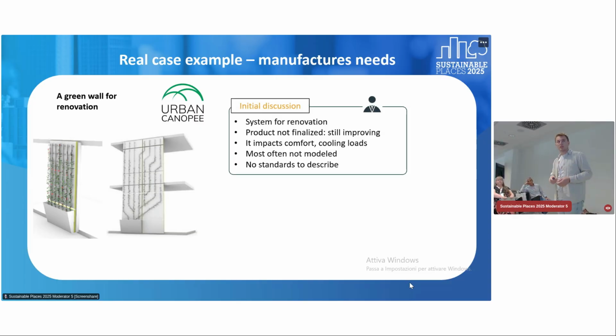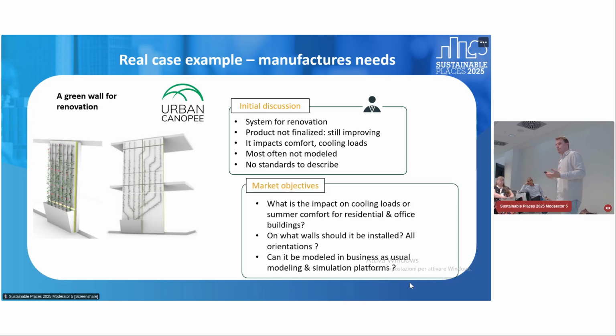Because it has a different shape, because the leaves may change and so on. And so, is it a good system for innovation? How do we characterize it? What are the impacts on comfort and cooling loads maybe, or heating? And there are really no standards to describe something that is very complex like this.